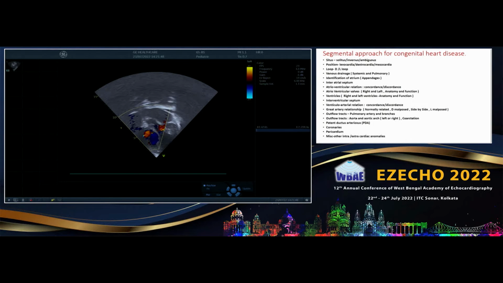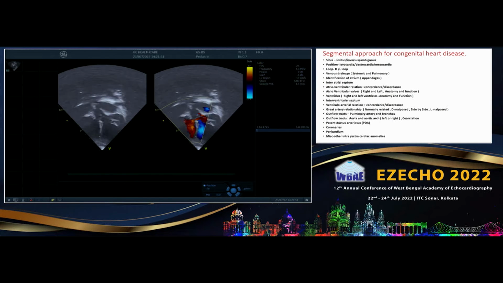So you sweep. When we come to the VSD, we need to see the location. This is the communication between the two lower chambers. It is looking restrictive. She has just done the continuous wave Doppler and showed a high gradient.